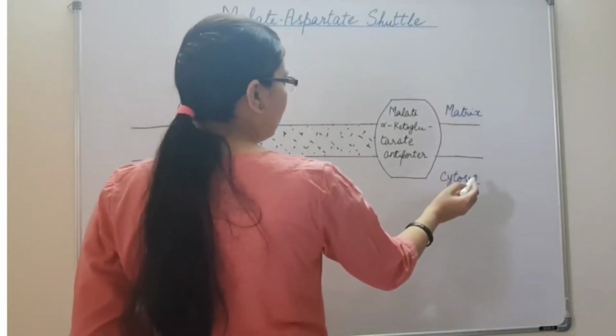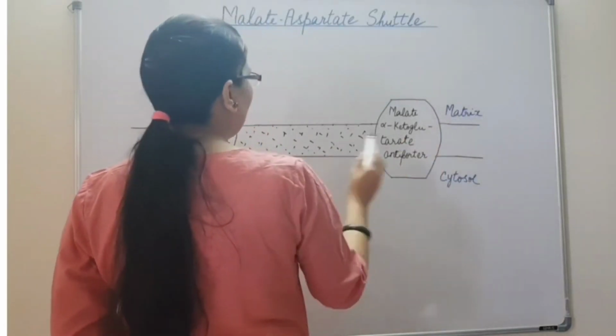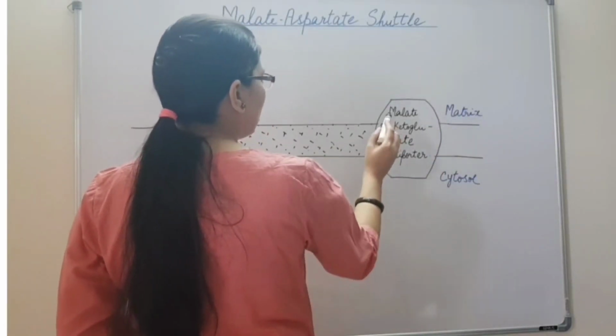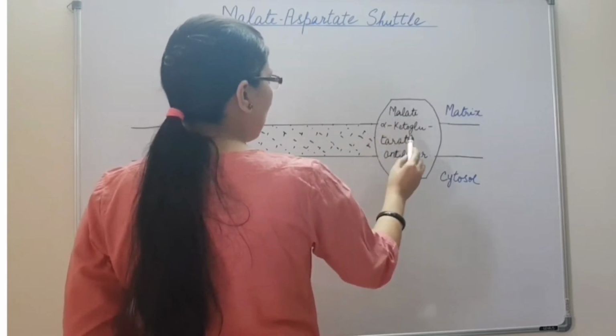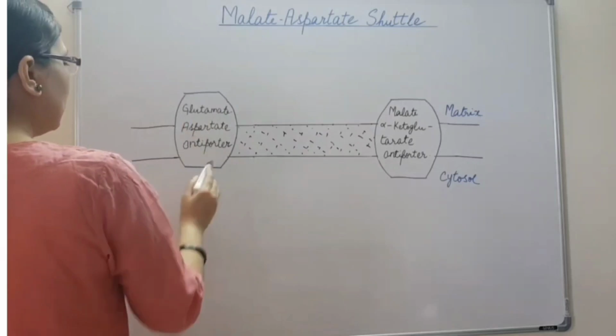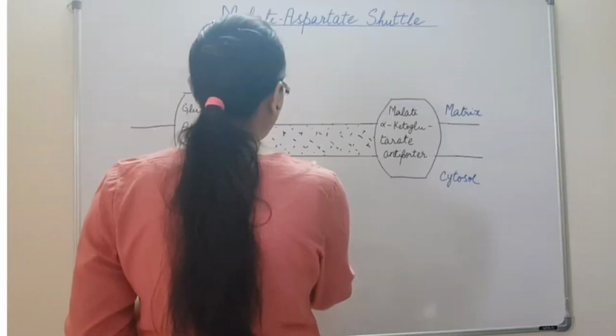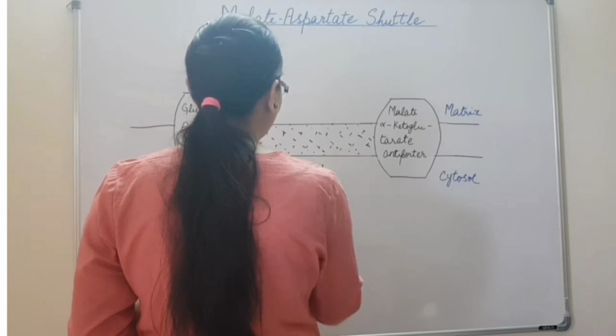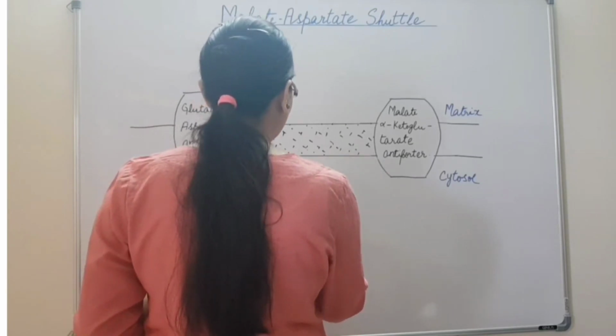This is cytosol, this is matrix in a mitochondrial membrane, and it uses two antiporters, malate alpha ketoglutarate antiporter and glutamate aspartate antiporter. In cytosol, by glycolysis, NADH is produced.